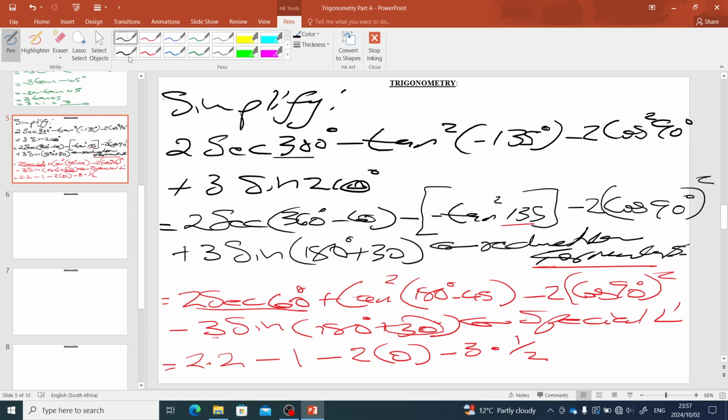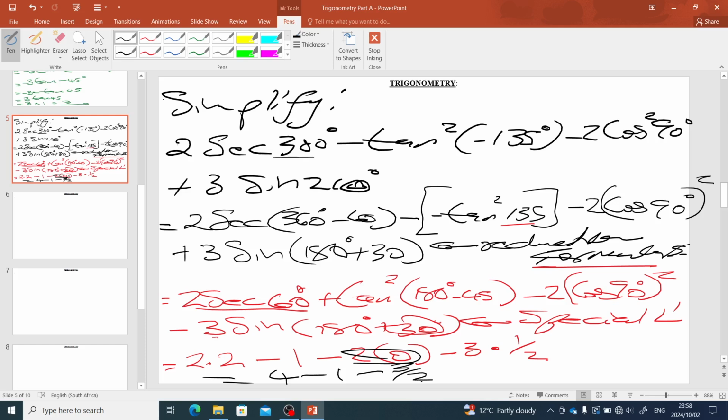I don't want to write on the second page. It will be equal to 4, because 2 times 2 is 4. Minus 1. This one will be 0. Minus 3 over 2.